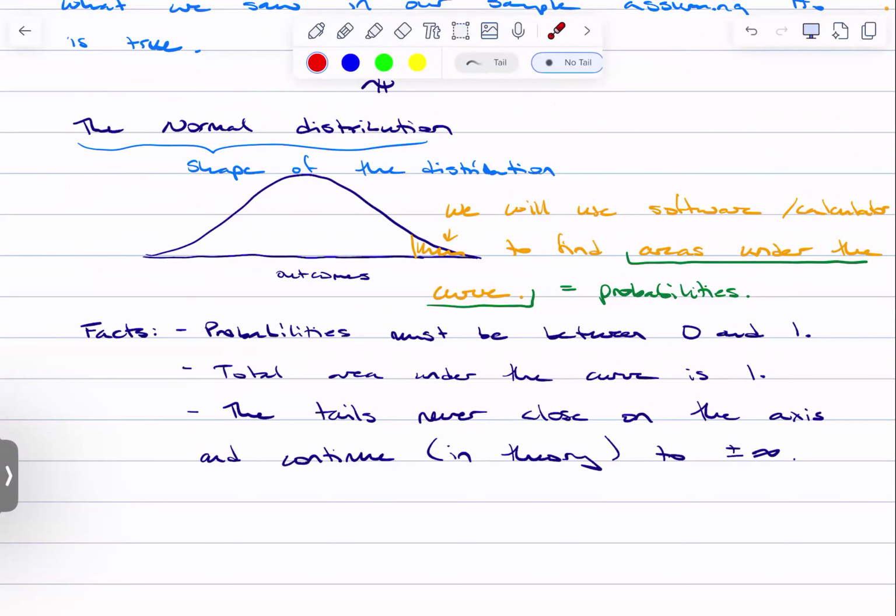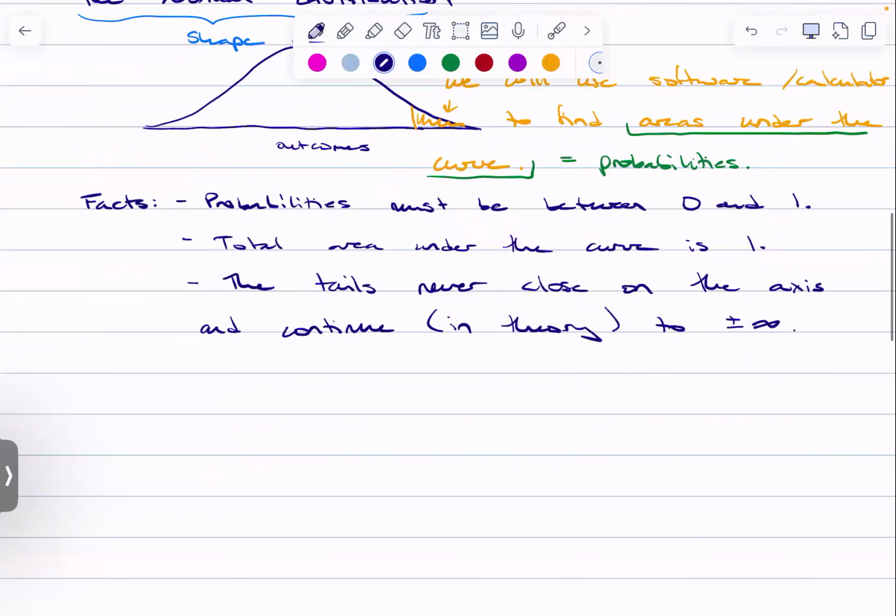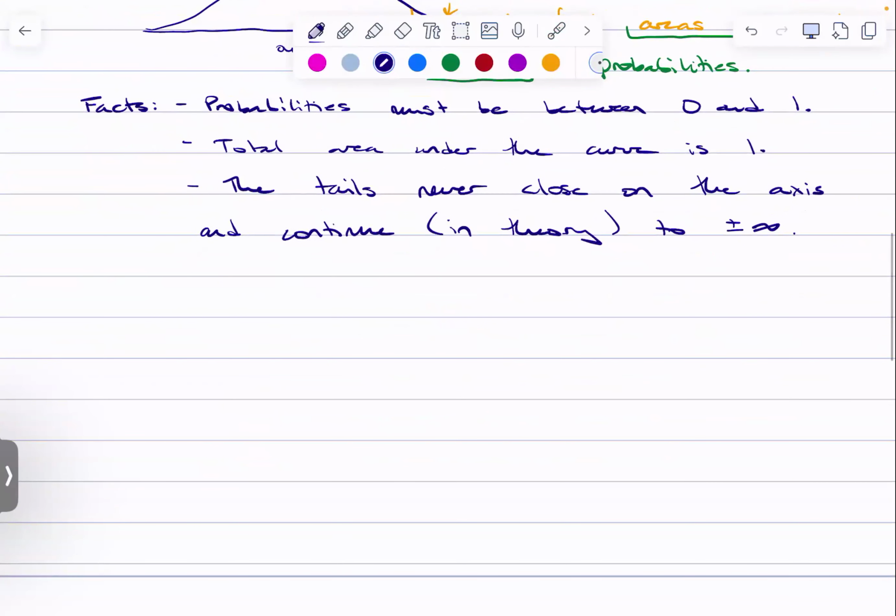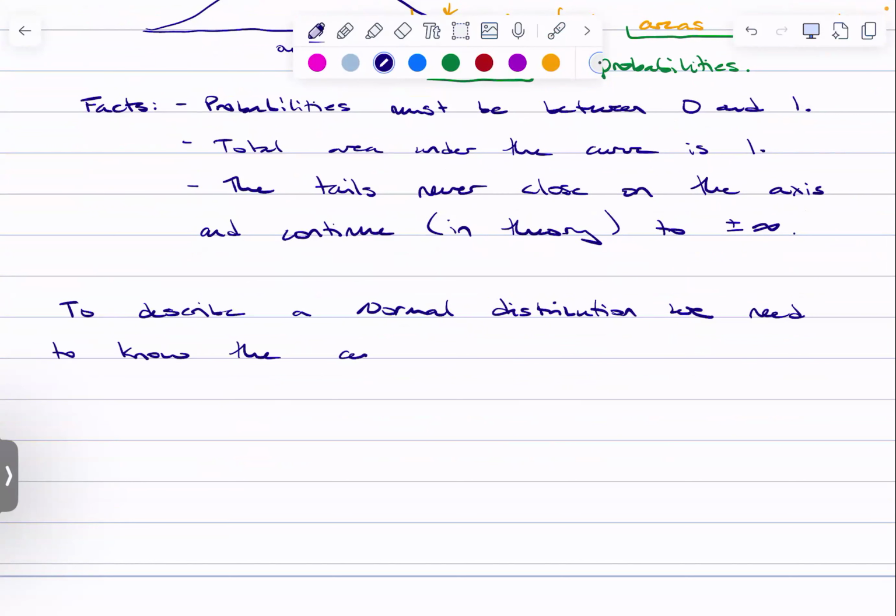So we've got the shape, okay, and to describe a normal distribution, we need to know the center and the spread of this thing. We need to know the center and spread.